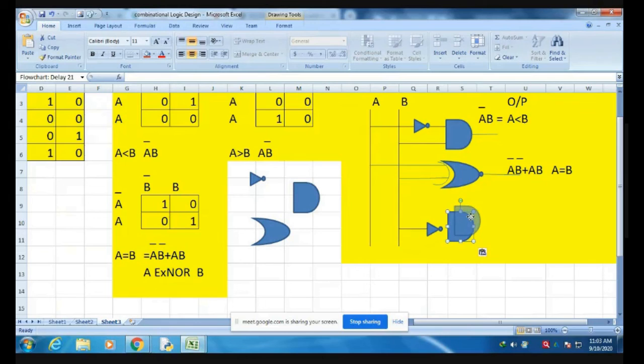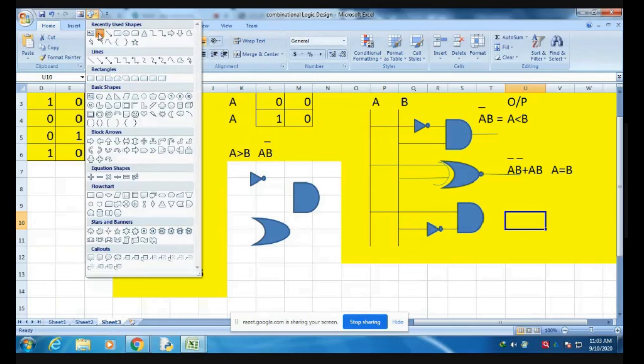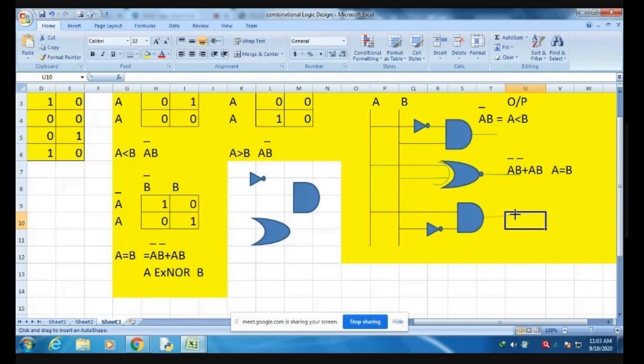This is for A and this is for B. And here I take the output. What is my output? A B bar, that is equal to A is greater than B.